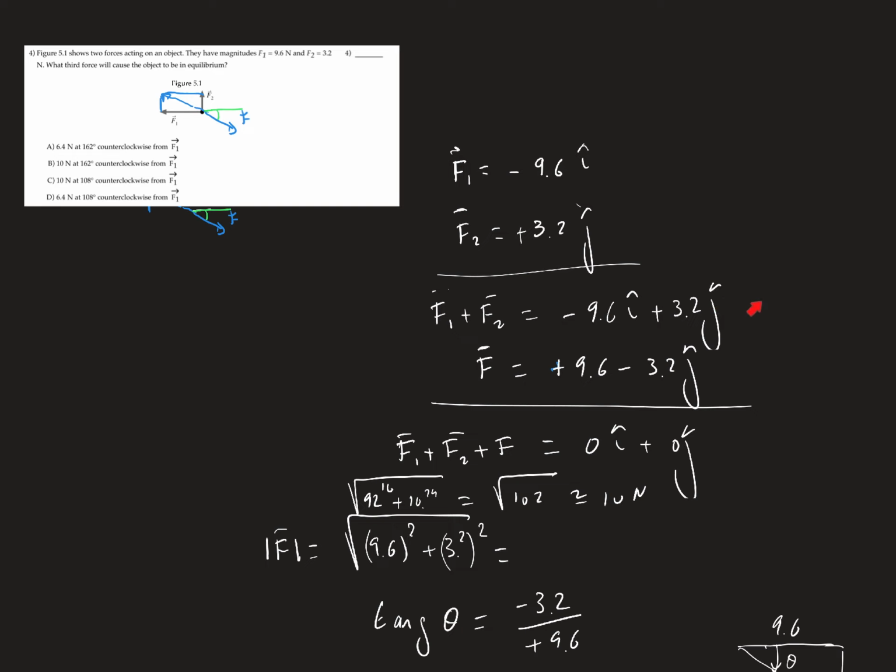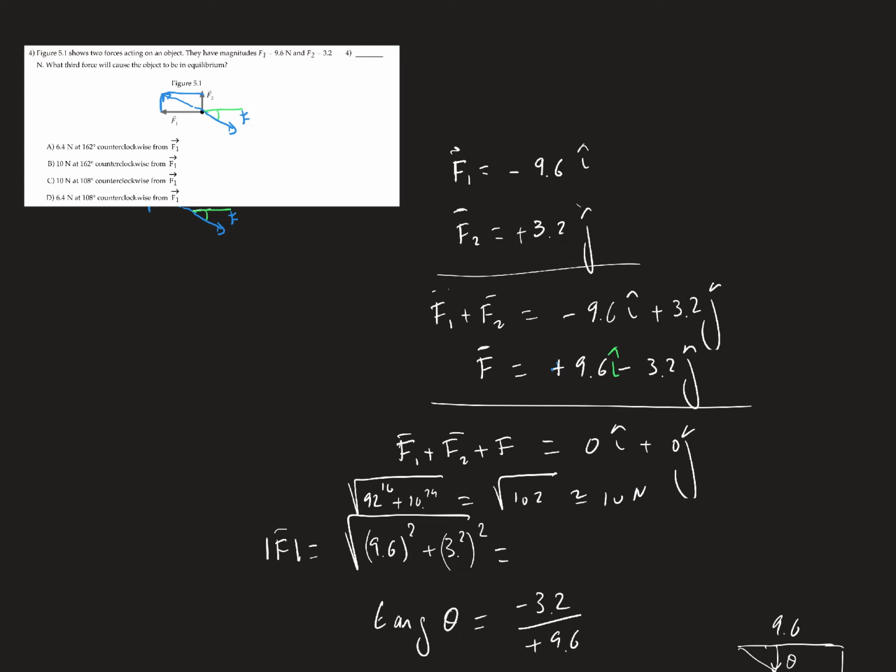Which one is the opposite to this vector? Well, plus 9.6i, minus 3.2j. This is the opposite force, and I'm sure that the sum now will be 0. Minus 9.6 plus 9.6 is 0.